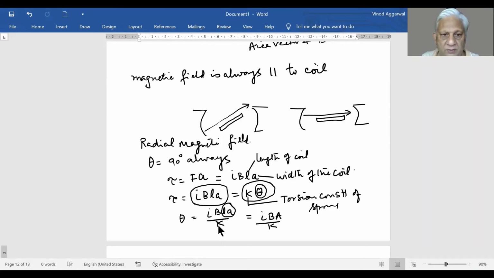Now this is for one coil, and if you have a number of coils N, then this formula becomes N I B A over k. This is the generic formula.